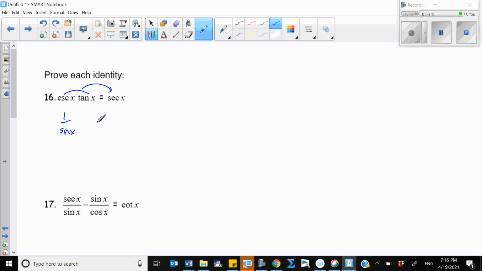You can use the trig identity list that I gave you before and see that cosecant is 1 over sine. And tangent is sine over cosine. Then you can simplify the sine and sine. On top and the bottom is 1 over cosine, and that's equal to secant of x.